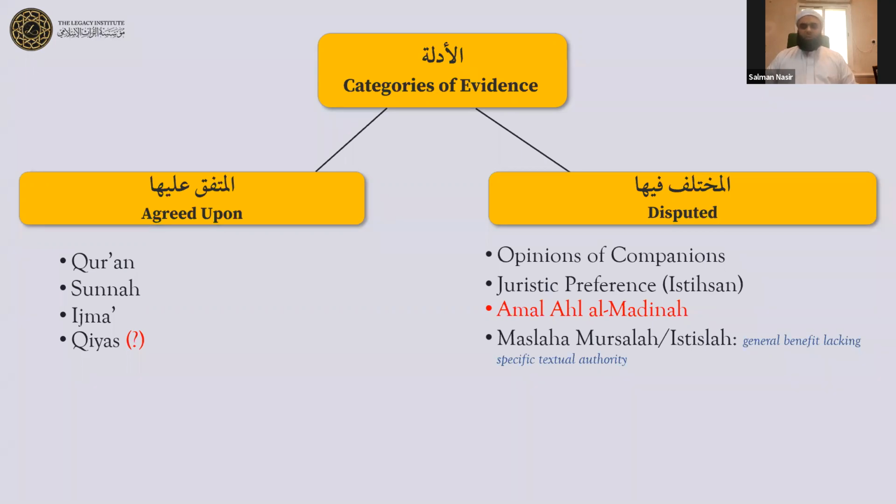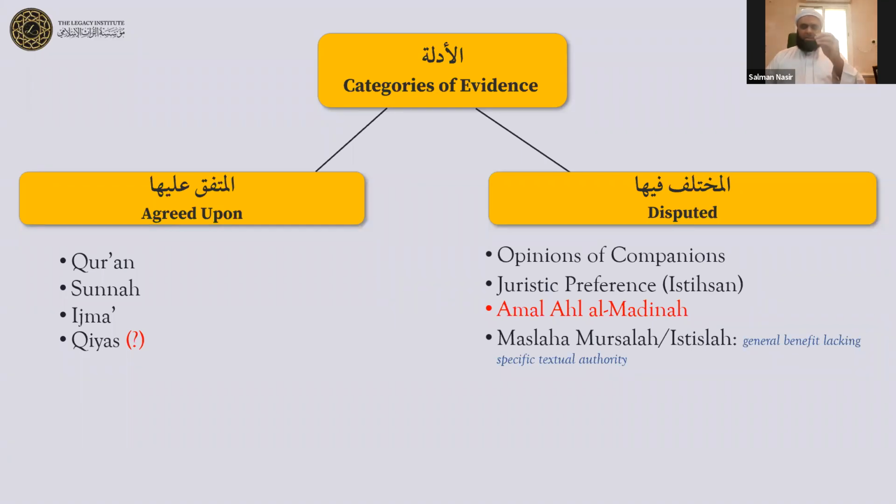According to some usuliyin, and this is the famous view for the Hanafi school, Maliki school, and the Hanbali school, Qawl al-Sahabi is a hujjah when you have an opinion of a Sahabi on a fiqh issue, and there is no known opponent on this issue, no known opposing opinion from any other Sahabi.